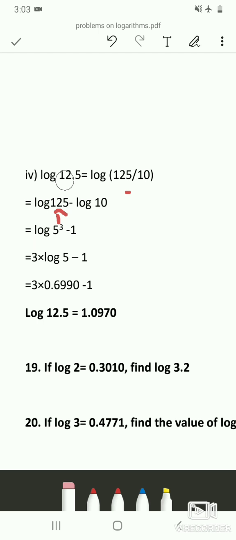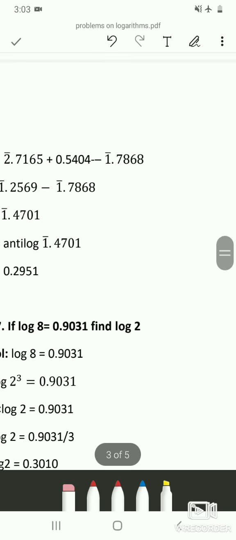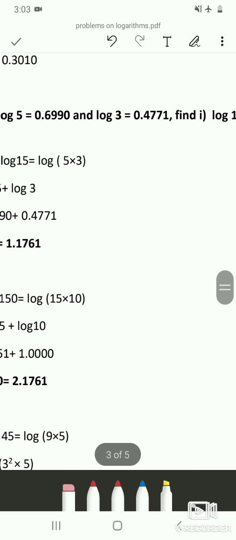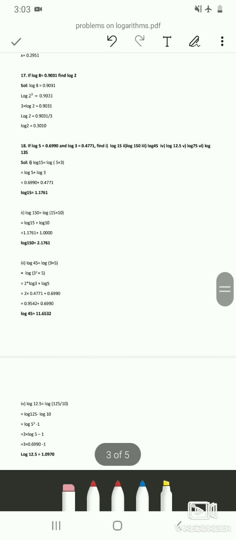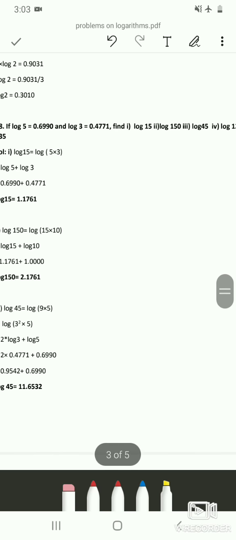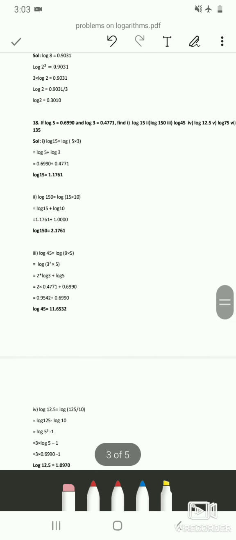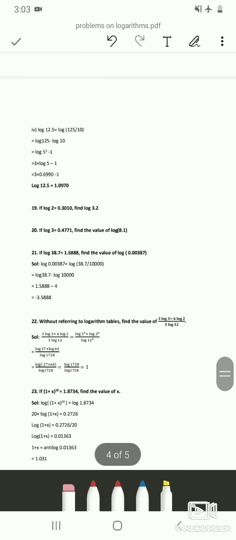Therefore log of 12.5 is 1.0970. So for the remaining two values, that is for log 75 and log 135, you guys work it out.